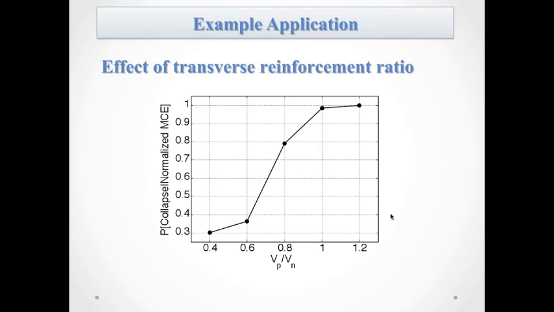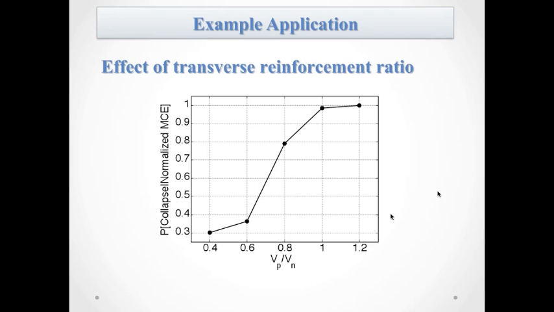To provide an example of what we did, one major issue with all buildings is the effect of the transverse reinforcement ratio. This is practically related to the spacing of transverse reinforcement. In the x-axis, we have one parameter, the probable shear that one column member experiences over the nominal shear strength as defined by ASCE 41.